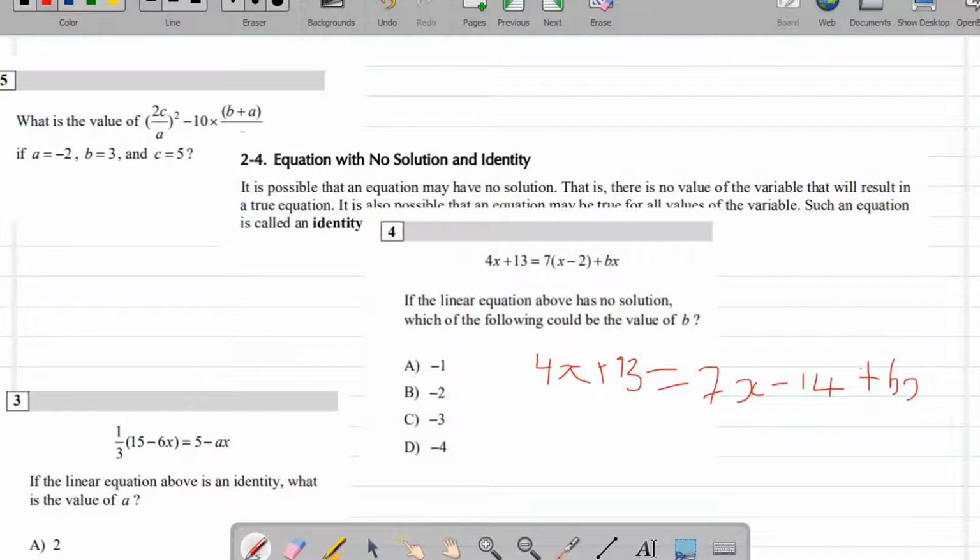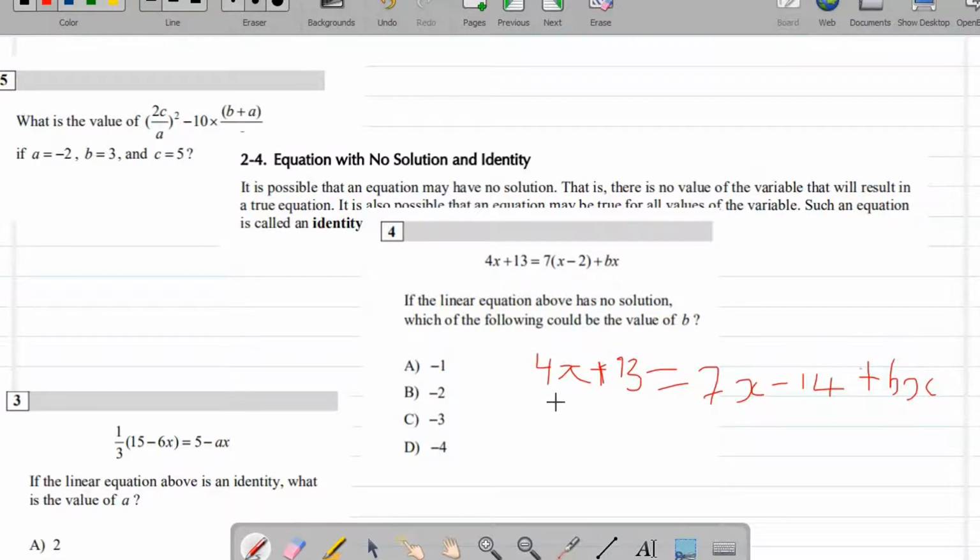Now, as I said, when it has no solution, the constants will not be equal. 13 is not equal to minus 14. They are not equal. 7x plus bx will have to give you 4x.